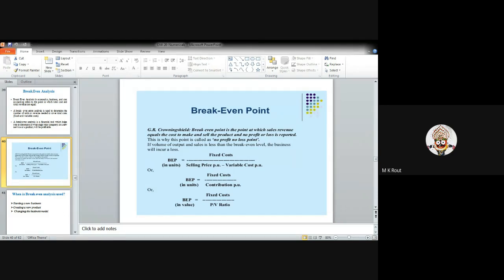Is it finished? Those who have joined late, just note down these formulas in case of break even point.